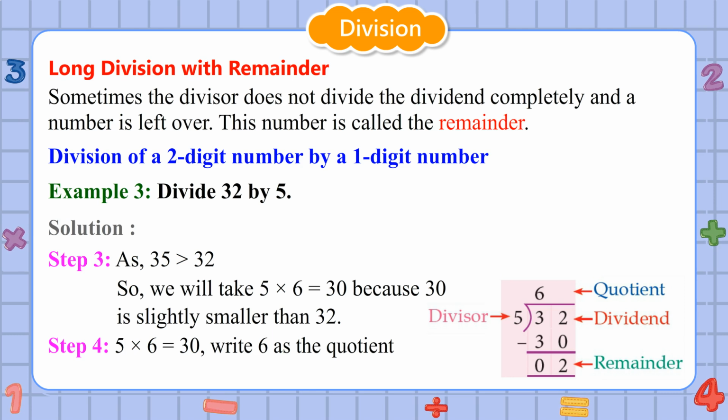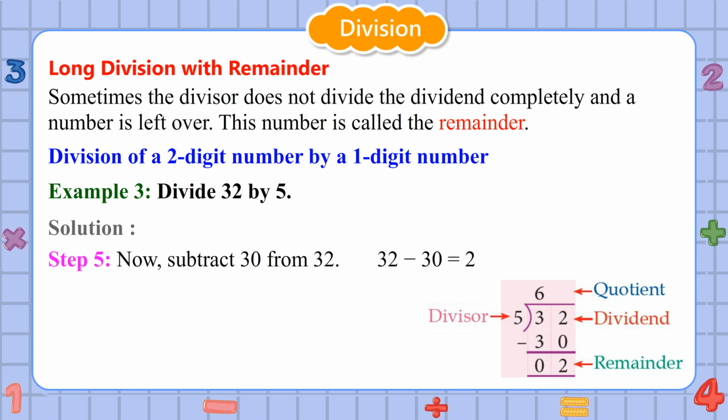Step 4. 5 × 6 = 30. Write 6 as the quotient and the product 30 below 32. Step 5. Now subtract 30 from 32. 32 - 30 = 2.